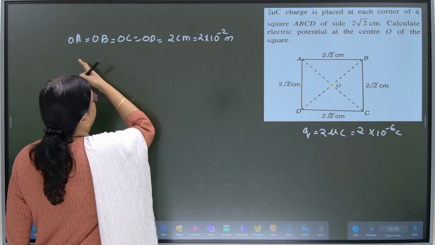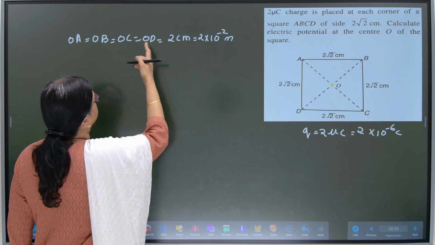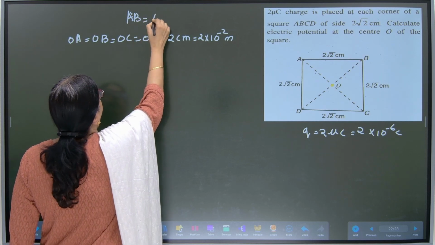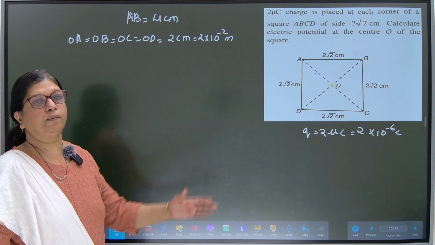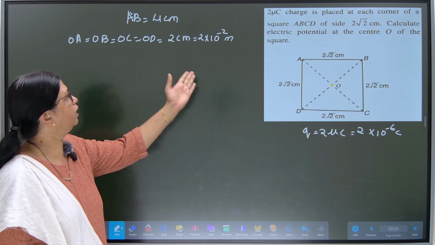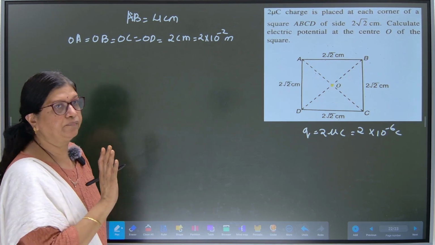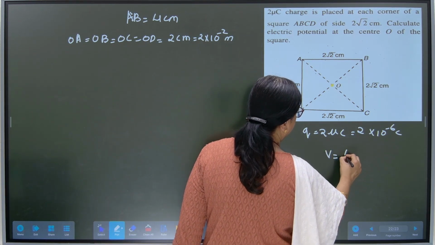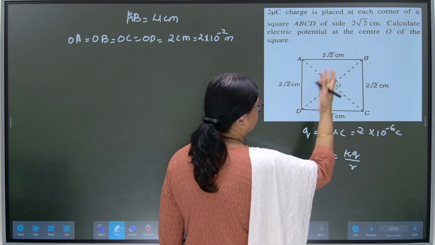Now here, why we have got this as the measurement of OA, OB, OC, OD is because the diagonal AB is equal to 4 centimeter divided by 2, because O is at the midpoint of both the diagonals. So we just write 2 into 10 raised to minus 2 meters, that is the distance R. Go back to our regular formula.